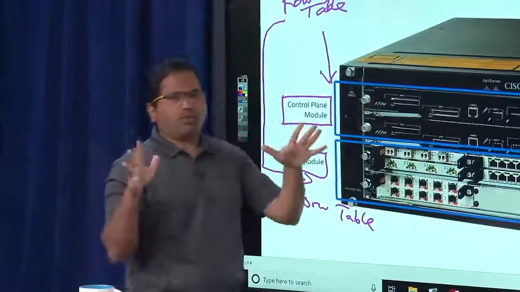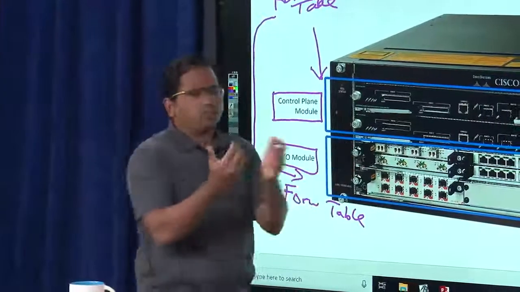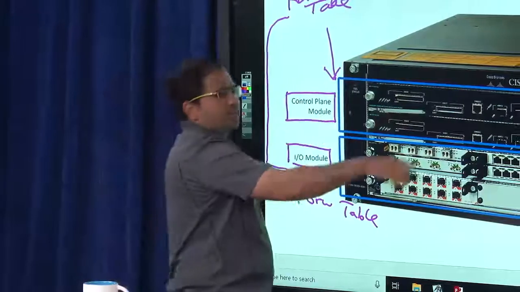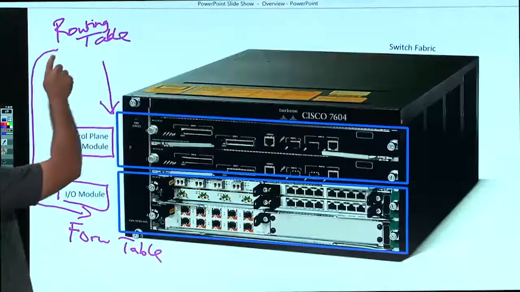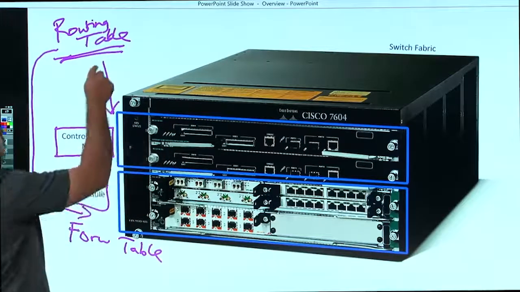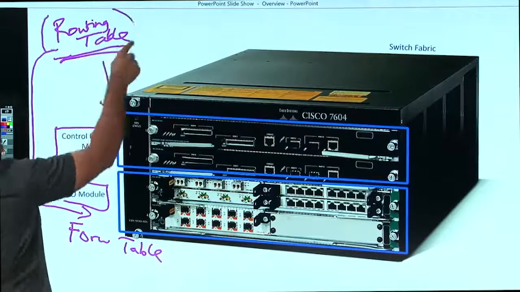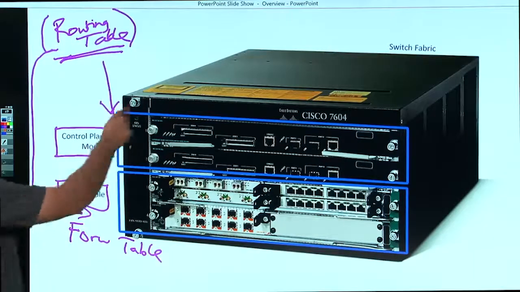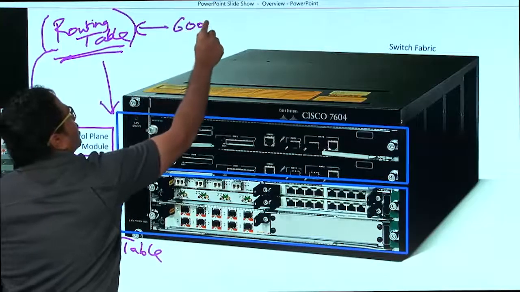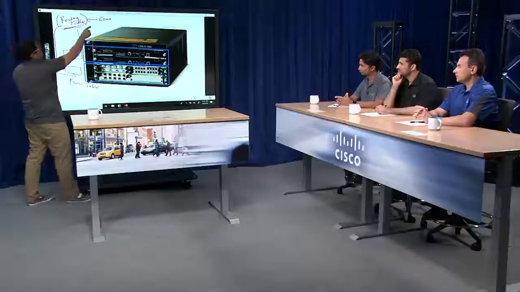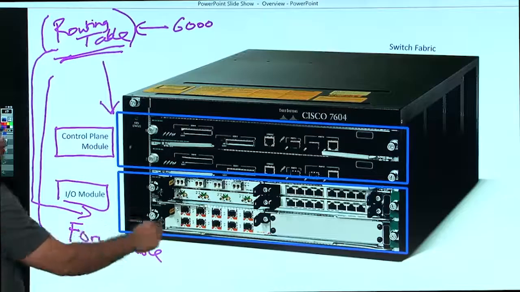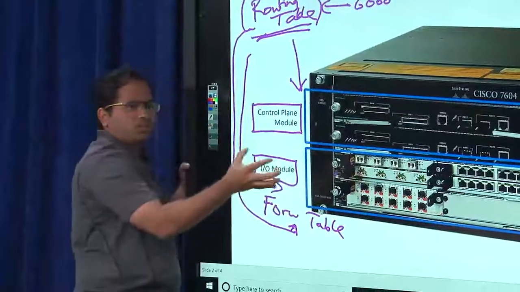Now imagine a network, or let's say our customer network, a 6,000 node network that is using this architecture. The routing table is a function of the chassis itself. So if I have 6,000 sites, there are 6,000 such boxes, and there are 6,000 such routing tables. These 6,000 routing tables are programmed into each of these boxes, essentially.